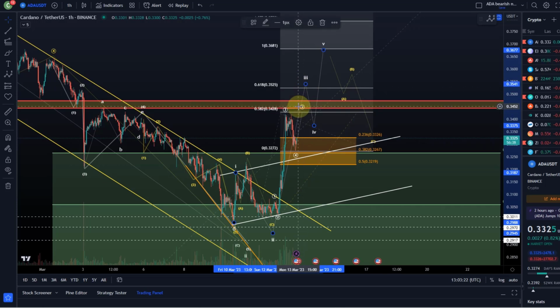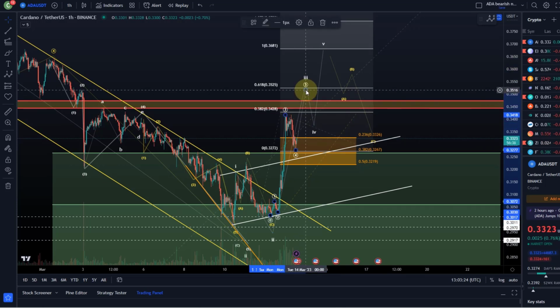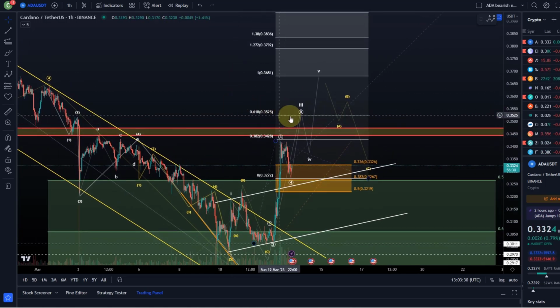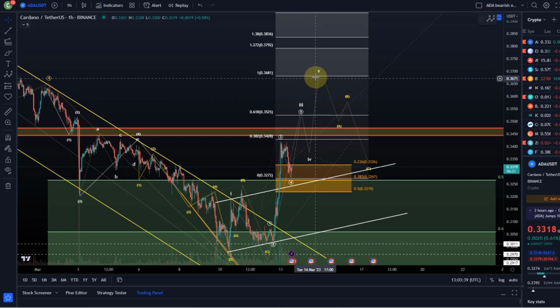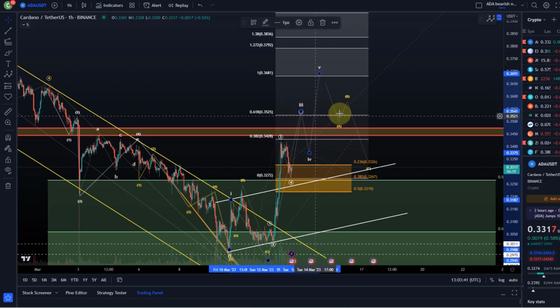Ideally, we would see it rally to the 61.8 extension. We talk here about 35 cents, and that would be the initial or the ideal target in my opinion, and it could even extend higher to 36.8. But by that time, it might already be the 5th wave here. But that's how it should cascade higher.